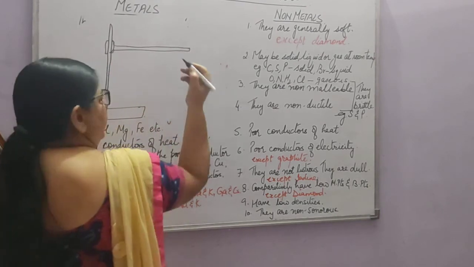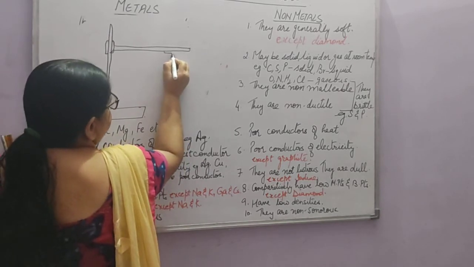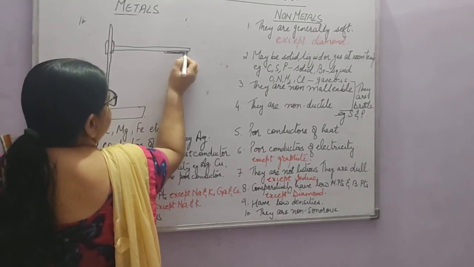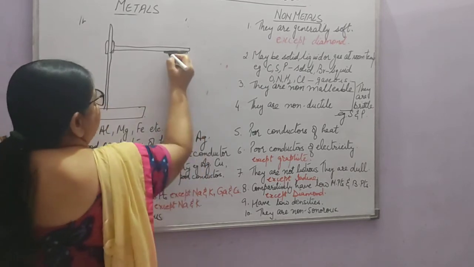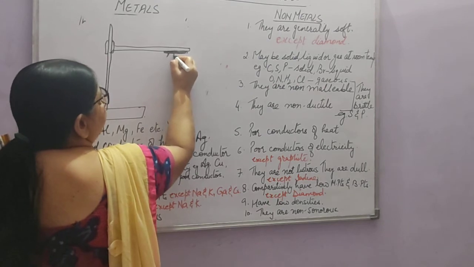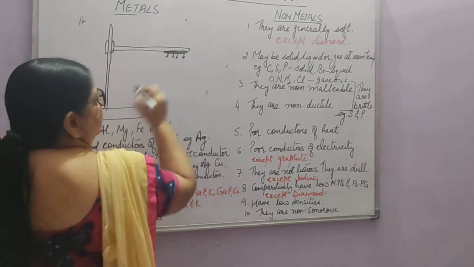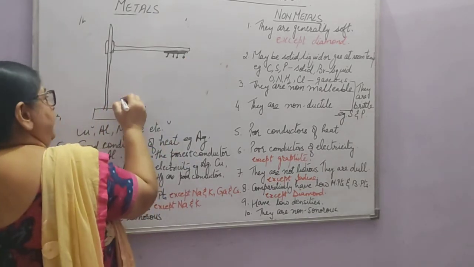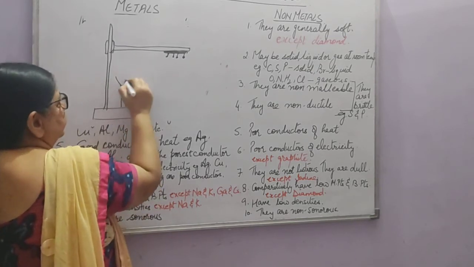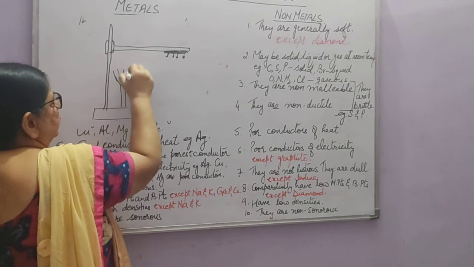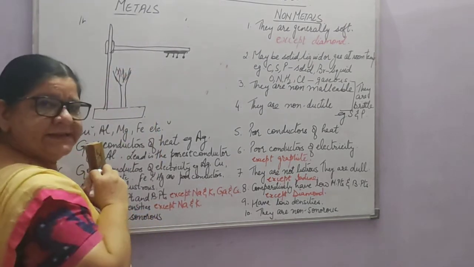We can take an aluminium rod, copper rod, any rod, and here at the end we put some wax. We stick some wax here, and with the wax we put some oil pins. You can put some oil pins here. Right? Now what we do is we place a burner here and start heating it.